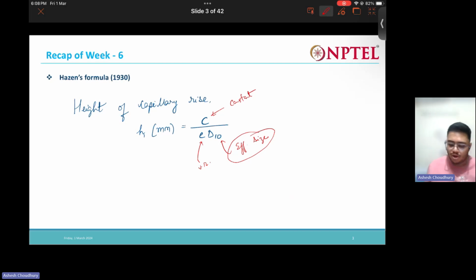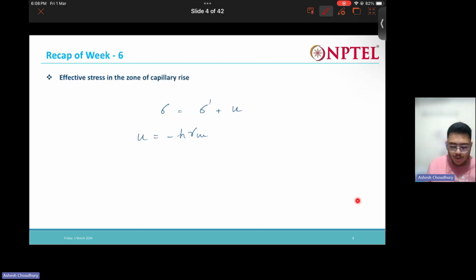Now, if you recall the problem from last class, we had discussed effective stress in the zone of capillary rise. This is the soil mass, and the water table is this one. Water, as I said, will rise up due to capillary action to this height Hc.